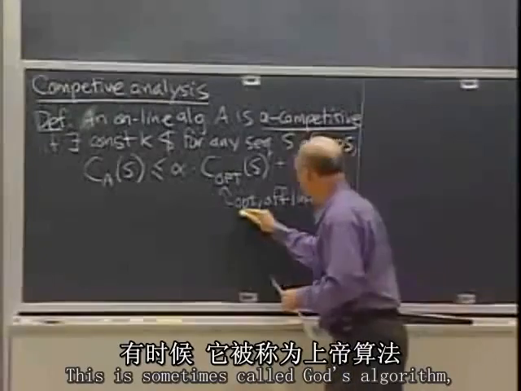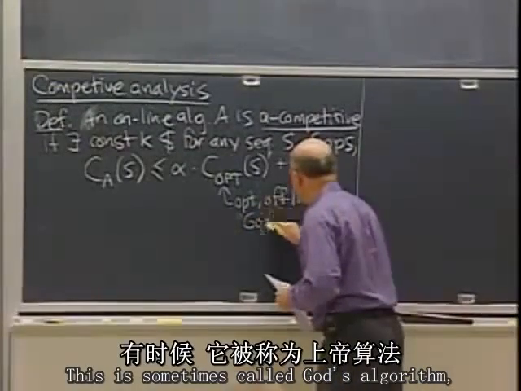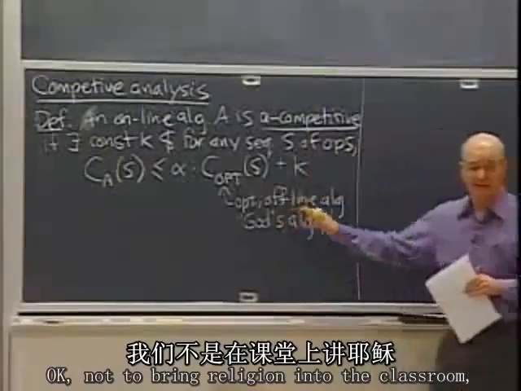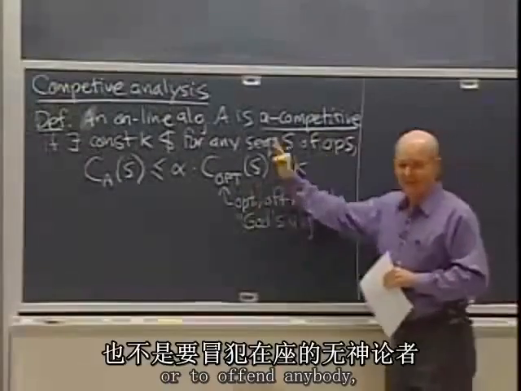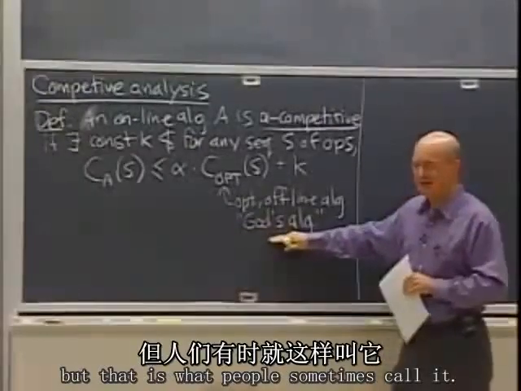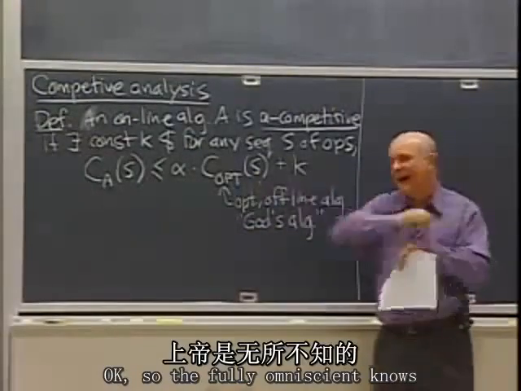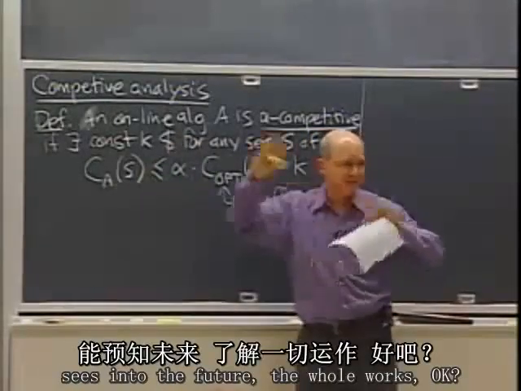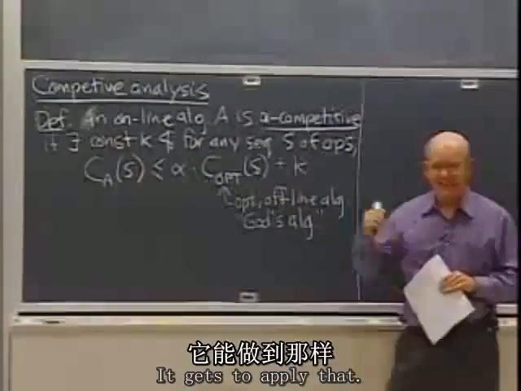This is sometimes called God's algorithm. Okay, not to bring religion into the classroom or to offend anybody, but that is what people sometimes call it. Okay, so the fully omniscient knows absolutely the best thing that could be done, sees into the future, the whole works. Okay, gets to apply that.